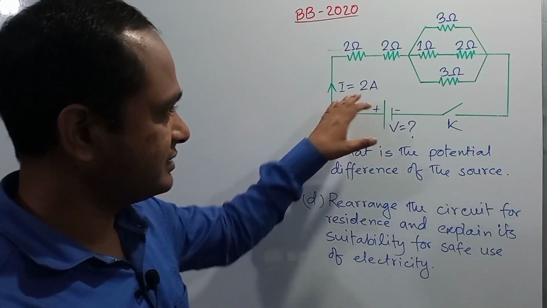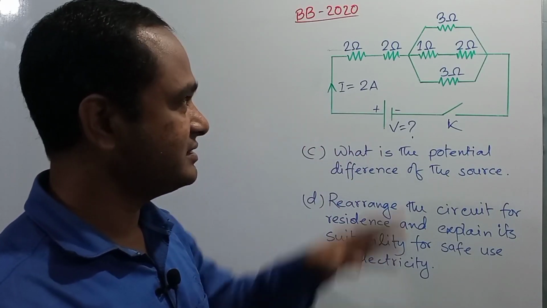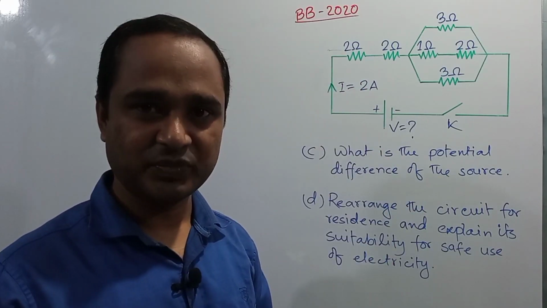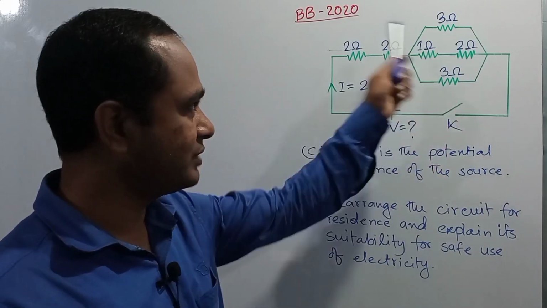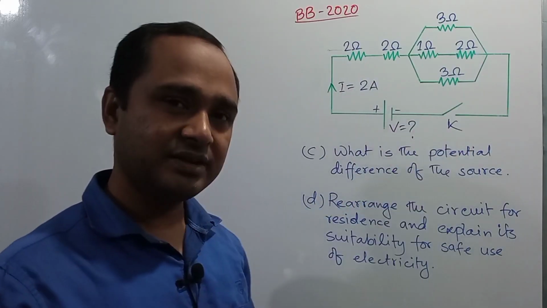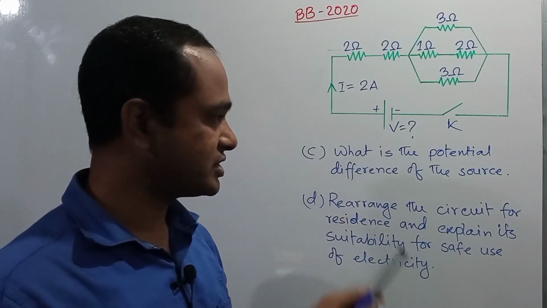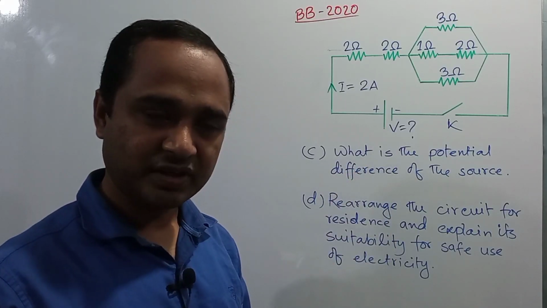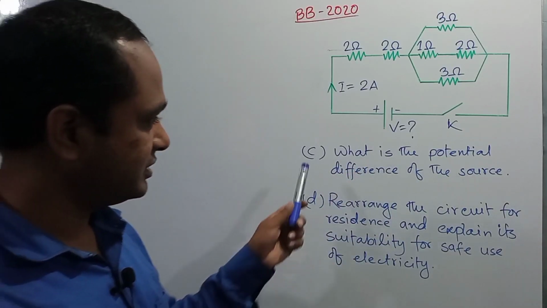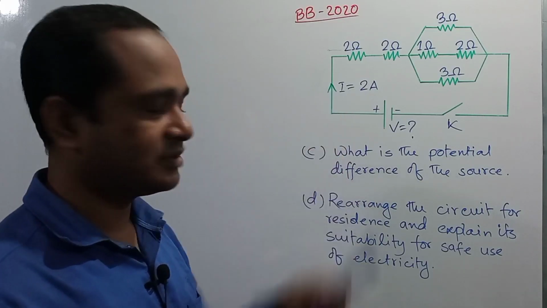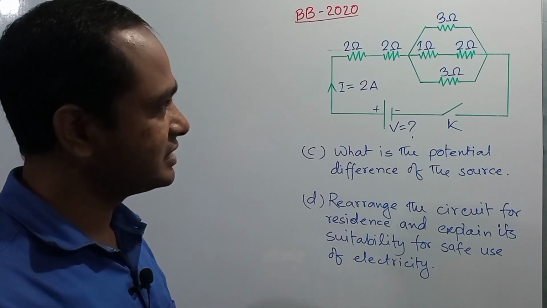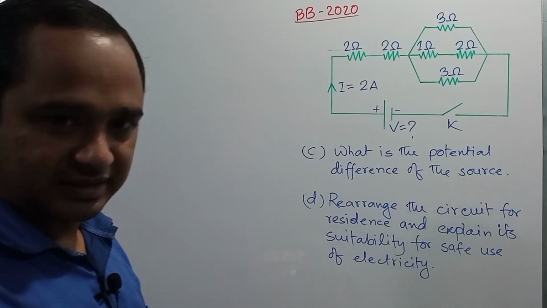Here electric current is given, 2 ampere, but the resistance of the circuit is not given here. So first we need to determine the equivalent resistance of the circuit, then we will be able to calculate the potential difference of the source, right dear student? To solve question C, first we need to determine the equivalent resistance of the circuit.